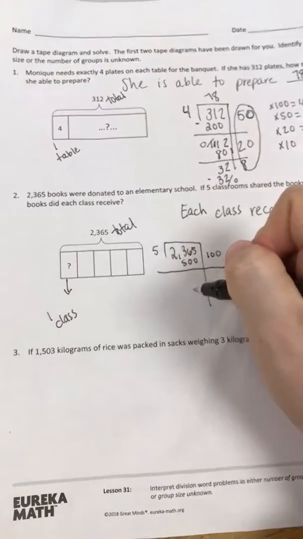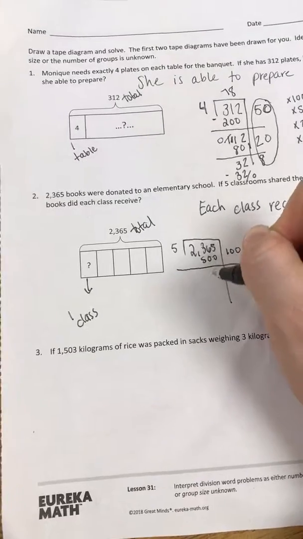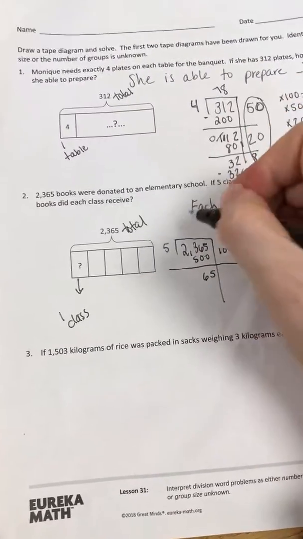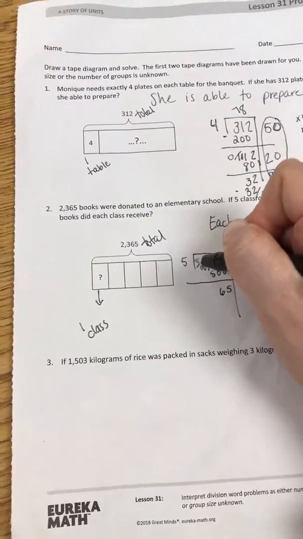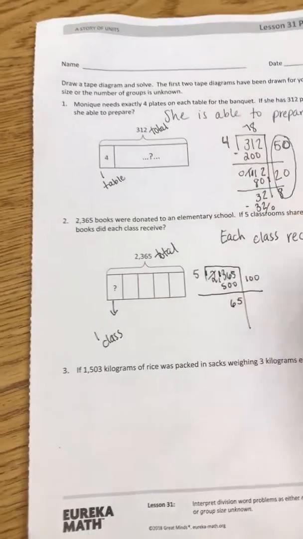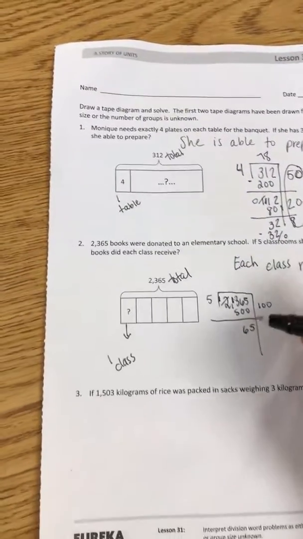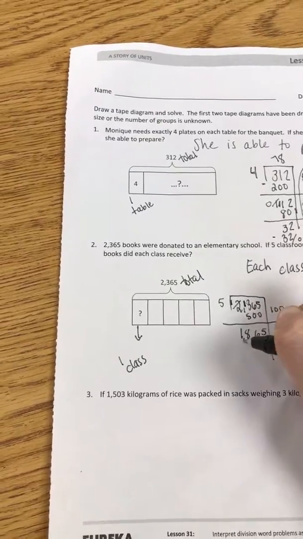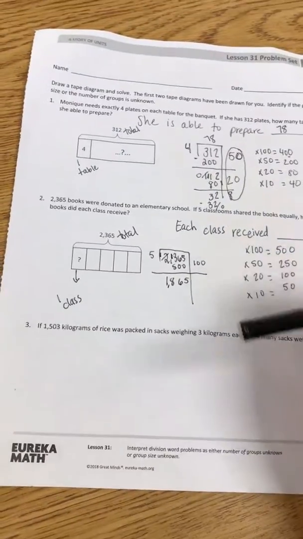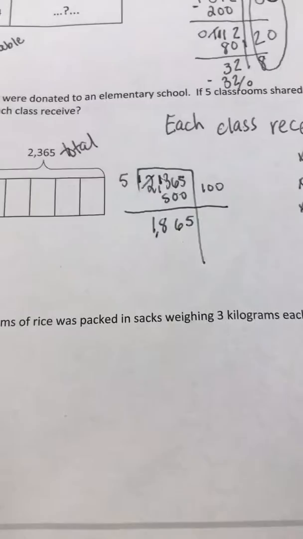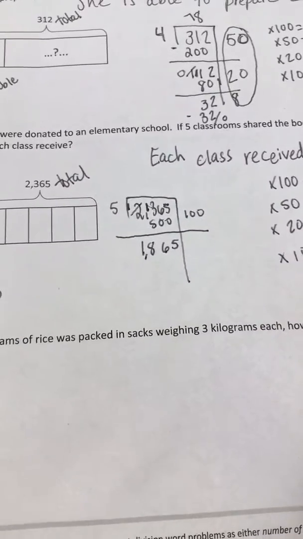5 minus 0 I can do. 6 minus 0 I can do. I cannot do 3 minus 0, so I'm going to have to do some borrowing. That becomes 13 minus 5. All right. So when I subtract 500, I'm left with 1,865.